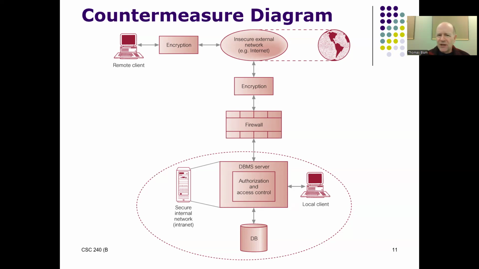We're going to use encryption. We're going to make the data and the commands that we use to access the data encrypted so that they are not recognizable to the outside world, to the eavesdropper.